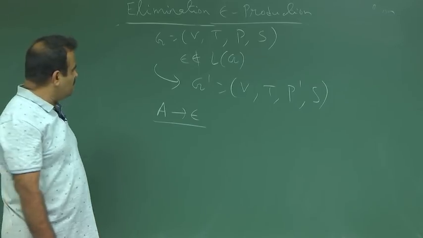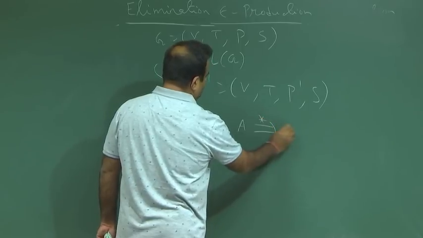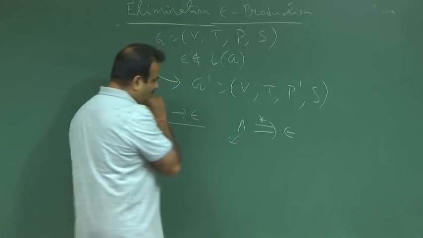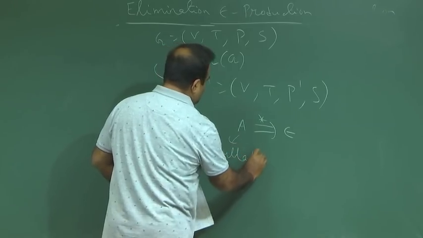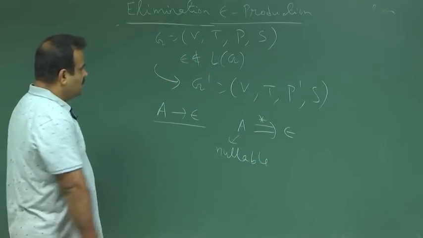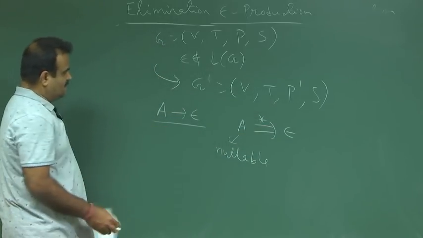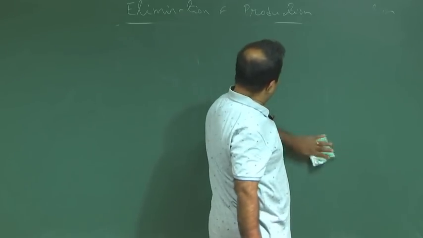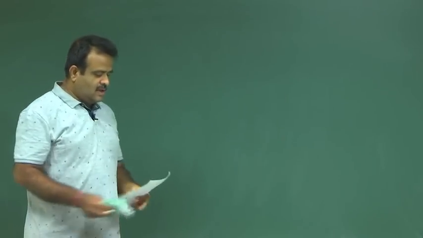Also, nullable means if some variable A goes to epsilon, then A is called a nullable variable, which can be erased, not only directly but also in some more steps. So, suppose we will take an example. We want to get rid of this type of variables and this type of production from the production set.